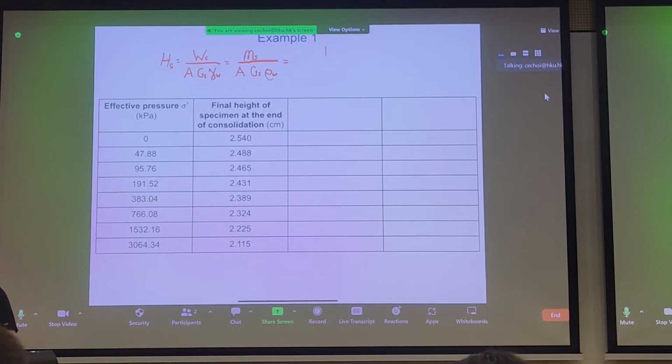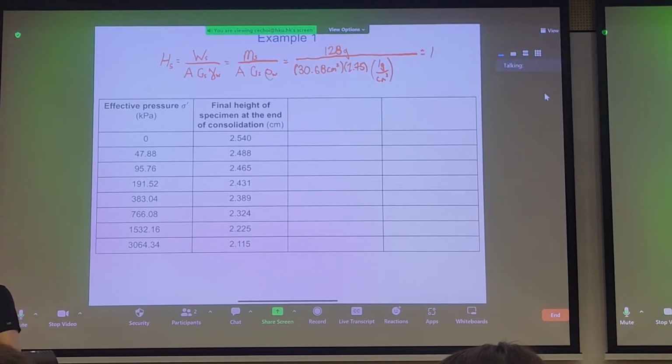We know the initial mass of the solids is 128 grams, it's given in the question. We know the area of loading is 30.68 centimeters squared. We are given a specific gravity, and of course we should convert the units that we care about.